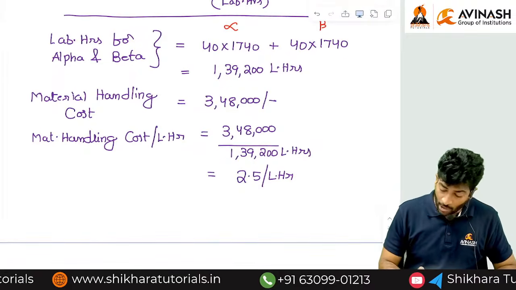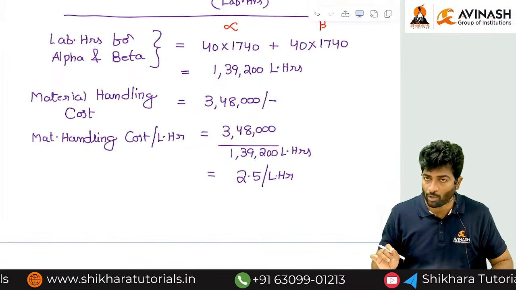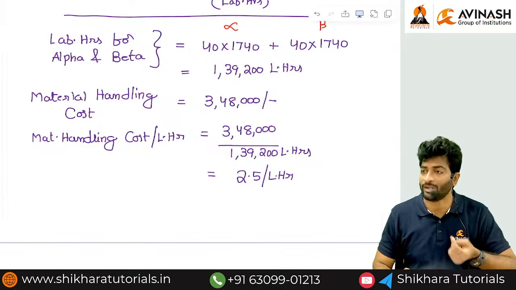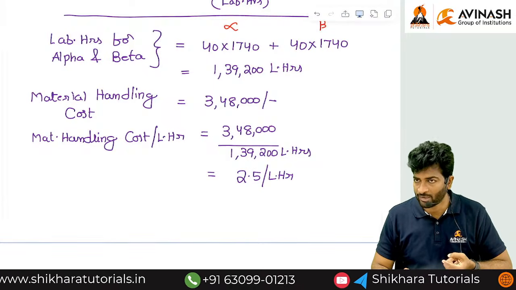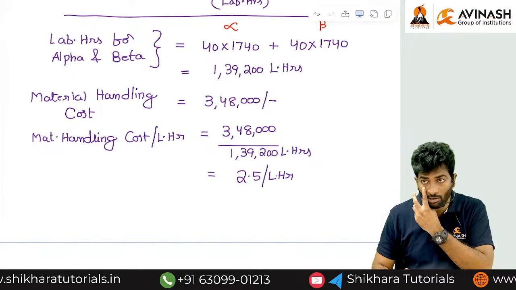Clear? Now they are asking us to calculate overhead cost, or material cost, per unit, for 1 unit of alpha and 1 unit of beta.